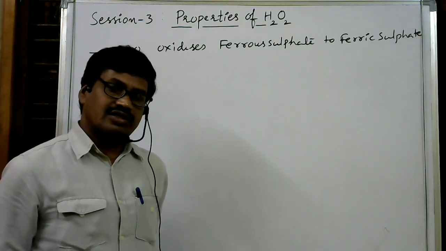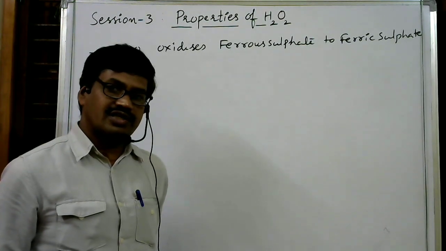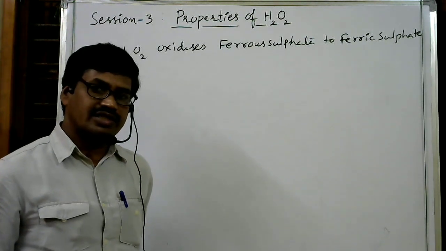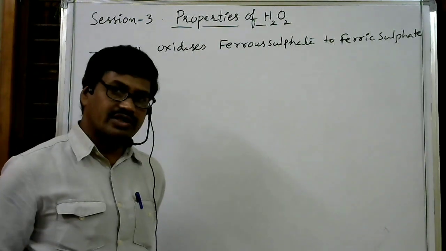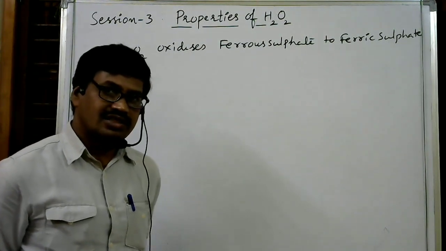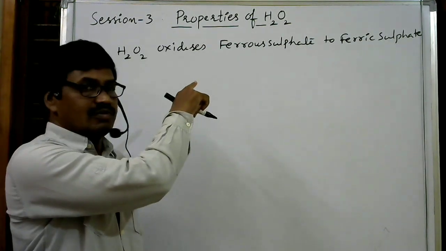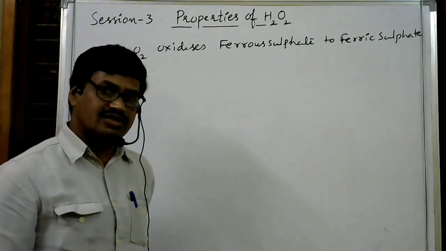Without knowing the formulas of ferrous sulfate and ferric sulfate, it is not possible to write a perfect equation. So first you should know the statement, what is given as per experimental findings, and you should know the formulas of ferrous sulfate and ferric sulfate.